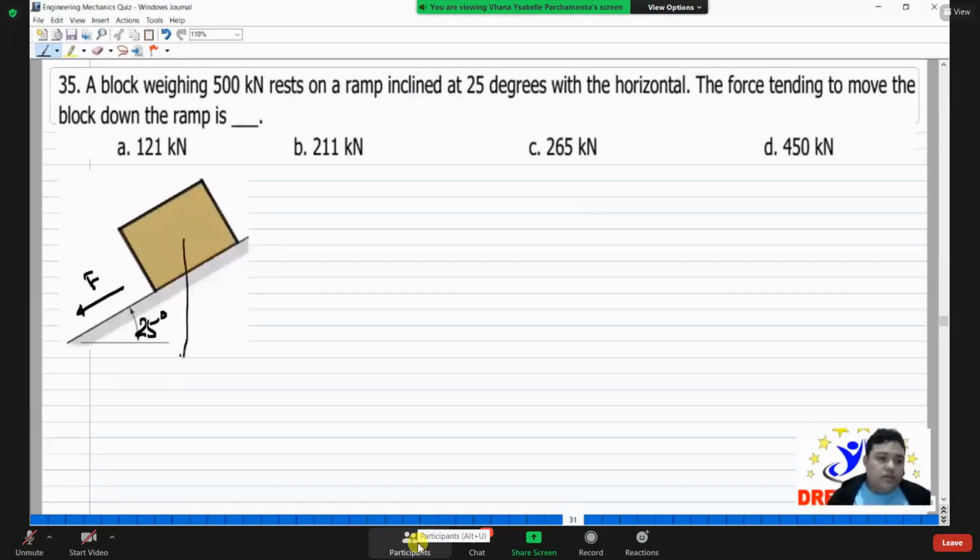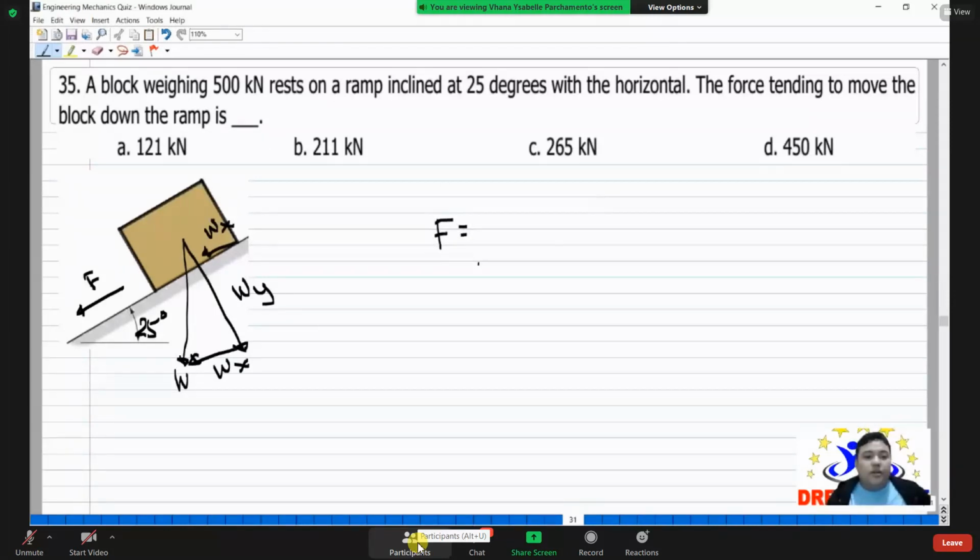So, dito, yung weight natin, meron tayong dalawang components niyan kasi naka-incline yung plane natin. So, we have this W, i-break natin siya into two components which is normal to the plane, so this is WY, and yung parallel to the plane which is WX. And yun yung magsislip dito. So, this is due to the WX.